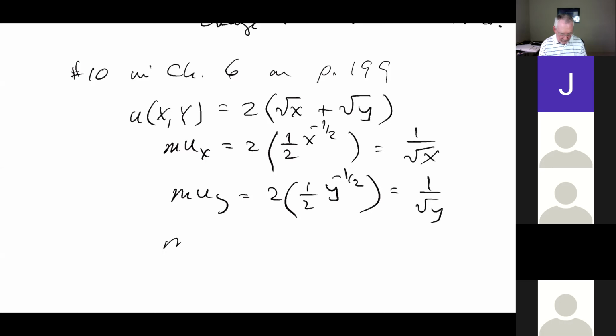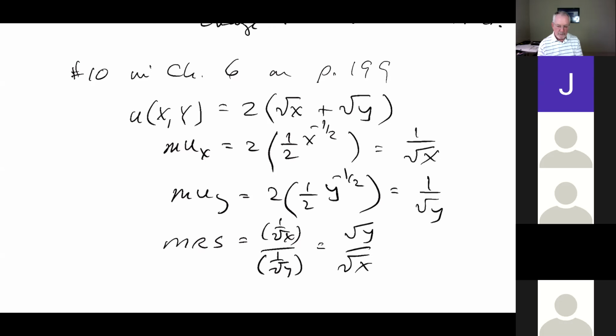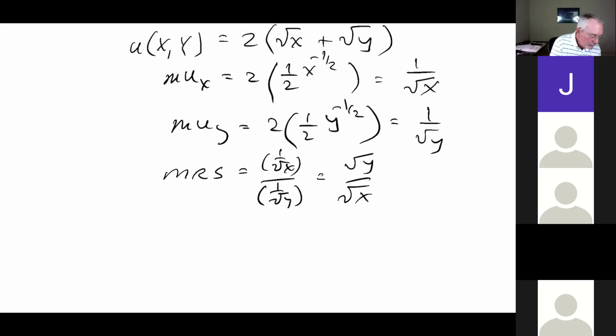So that yields for us a marginal rate of substitution, our expression in terms of x and y, of 1 over square root of x over 1 over square root of y, which simplifies to square root of y over square root of x. So there is the marginal rate of substitution. So the problem says, do Antonio's preferences satisfy the declining MRS property?